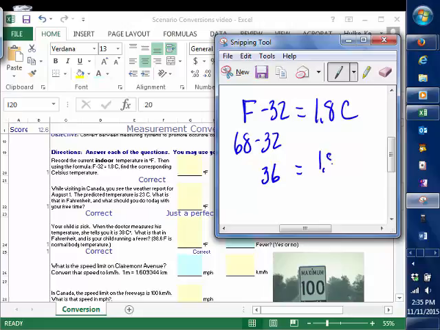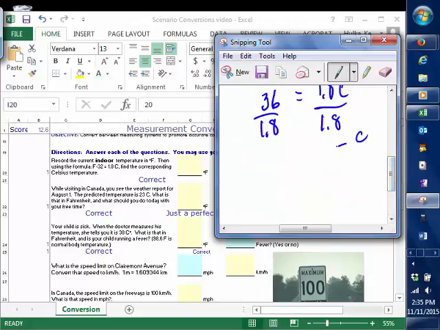That's 1.8 Celsius. Divide both sides by 1.8, and that's where you get the Celsius is whatever that number was. I think it was 20. You have to do the same thing for switching it the other way too.